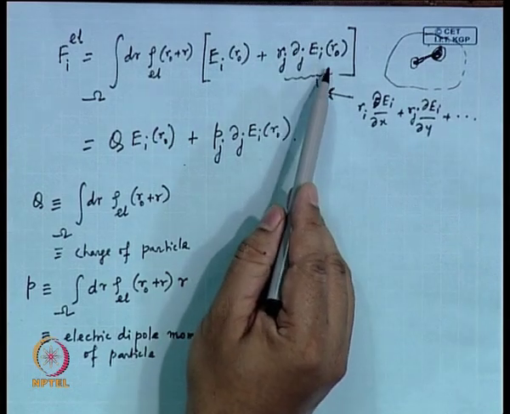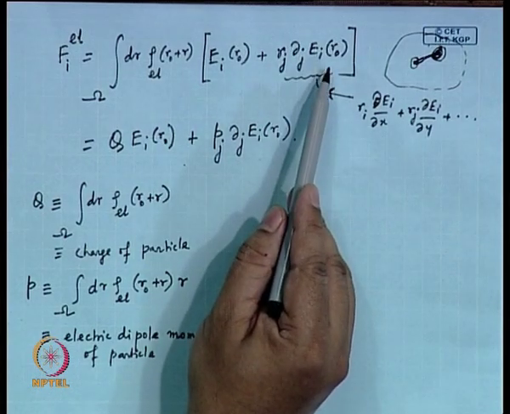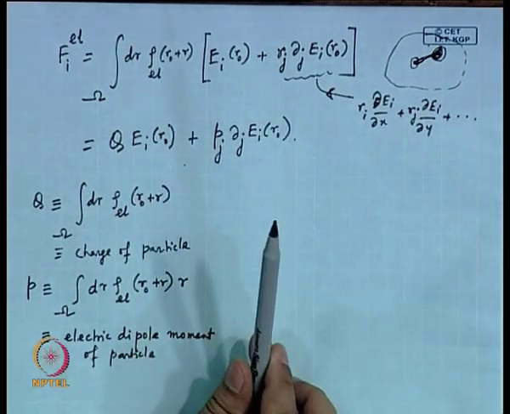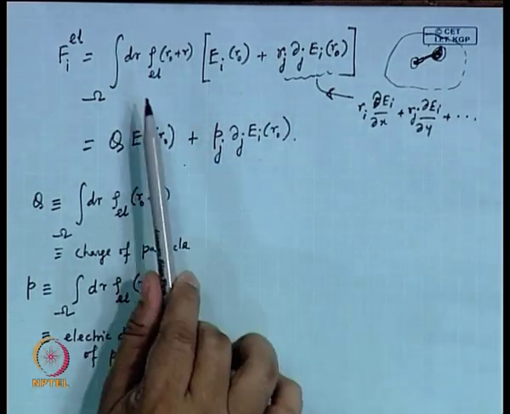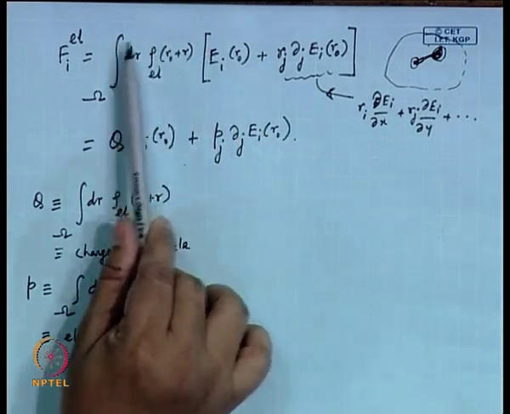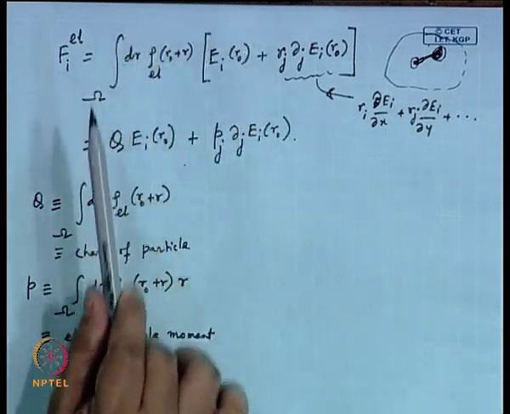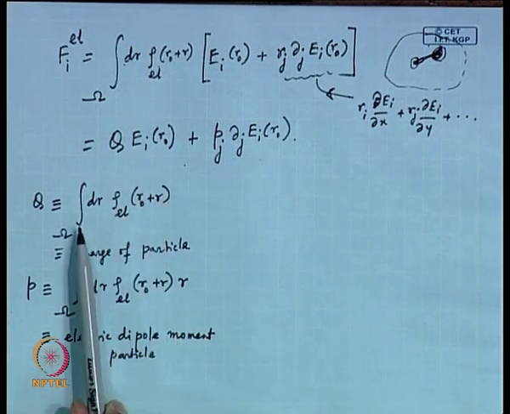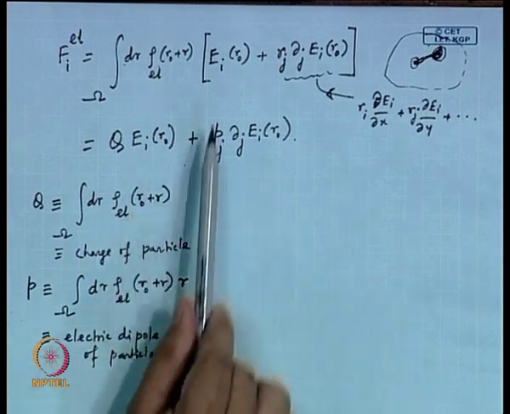But since it has multiple dimensions involved, it would be taking the shape of this. Then you would be writing this. So you have two things here. One is this and this. You are clubbing them together and calling it Q E_i(R0). What is Q then? Q is nothing but integration dr rho EL (R naught plus R).